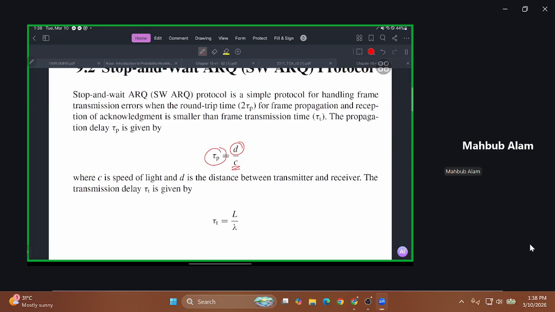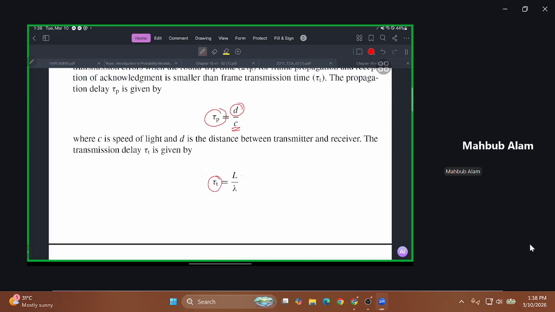On the other hand, transmission delay depends on the length of the packet and the transmission rate. So if there are 500 bits, and lambda tells you the number of bits sent per unit time, then you can know the transmission delay.